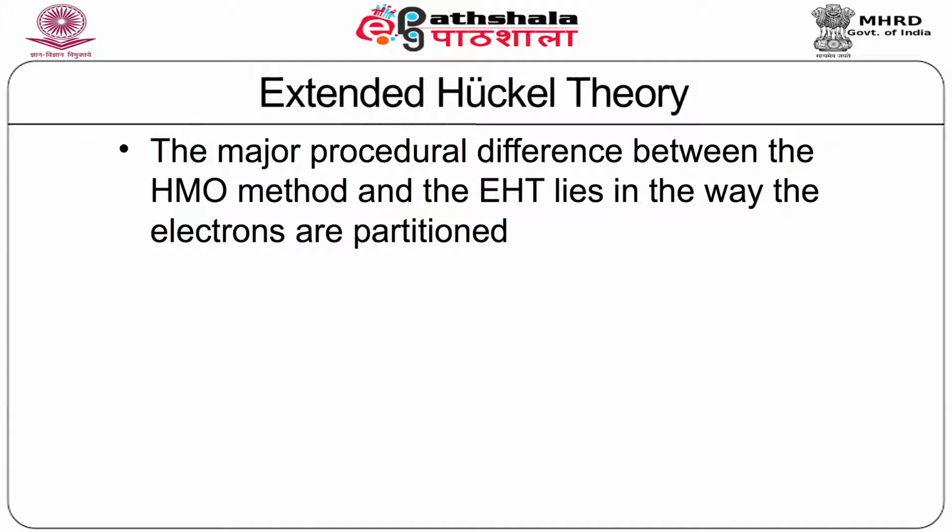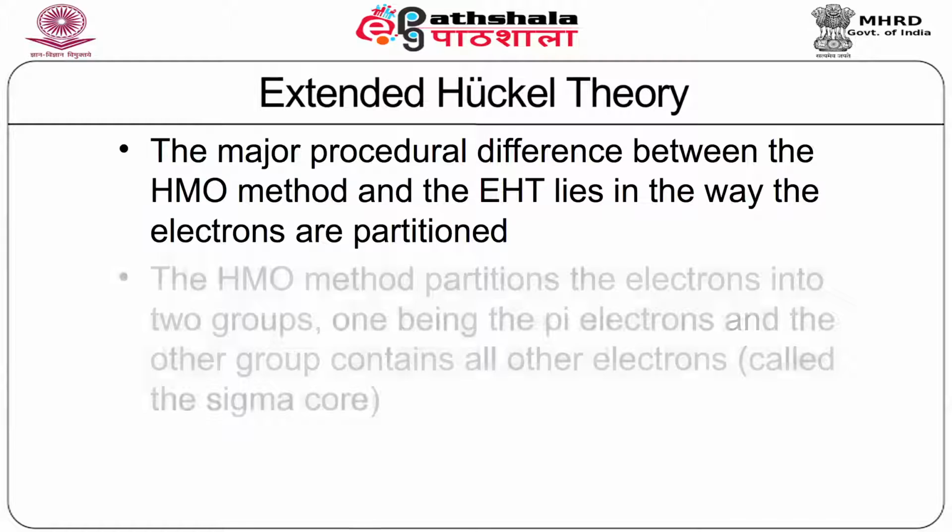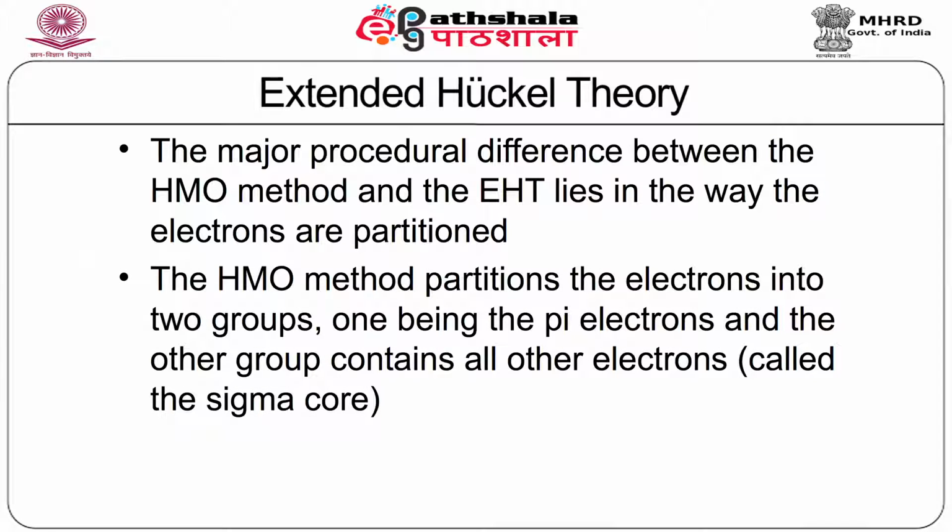The major procedural difference between the Huckel molecular orbital method and the extended Huckel theory lies in the way the electrons are partitioned. The Huckel molecular orbital method partitions the electrons into two groups, one being the pi electrons, and the other group contains all other electrons, called the sigma core.